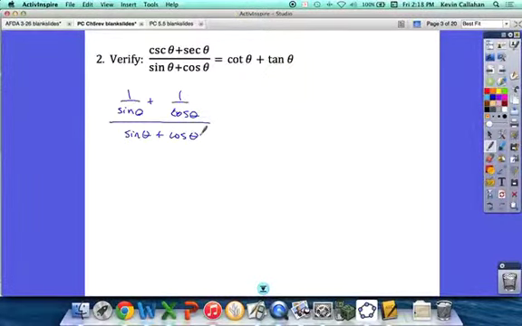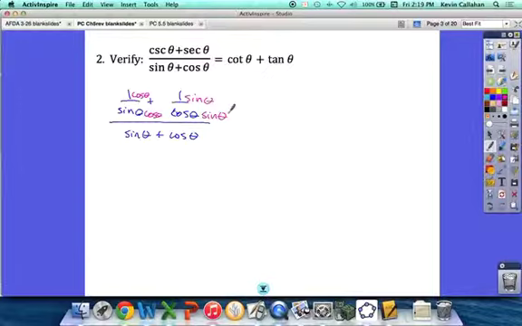Right, now, in order to add those two, you need a common denominator. So what am I going to multiply the first one by? Yeah, I'm going to do a purple. So we'll multiply this by cosine over cosine, and this one by sine over sine.